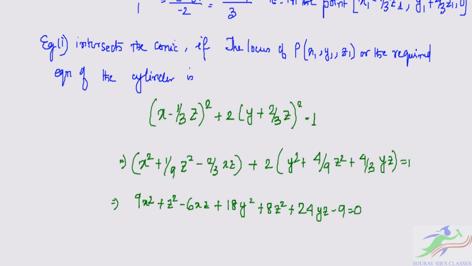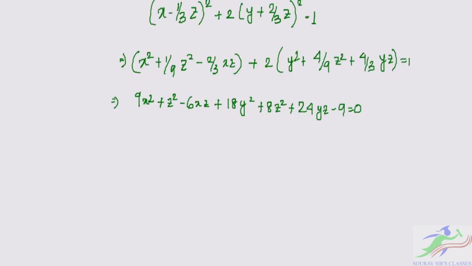So after simplifying x, y and z, we can write the final equation as 3x square plus 6y square plus 3z square minus 2xz plus 8yz minus 3 equal to 0.